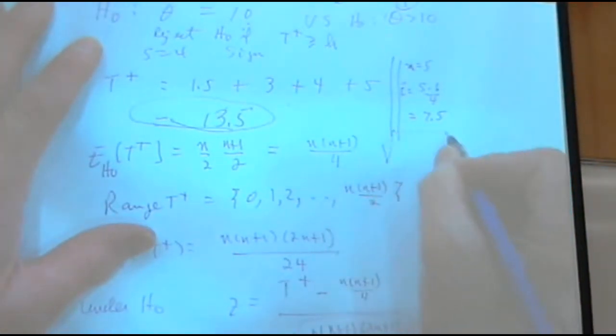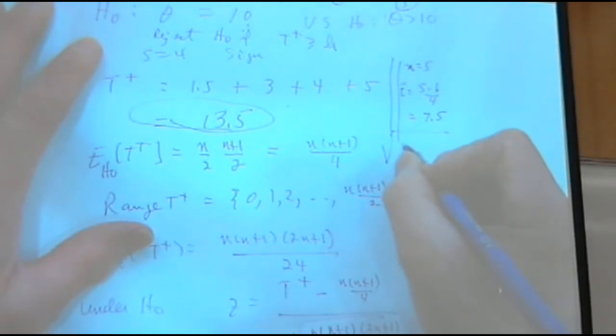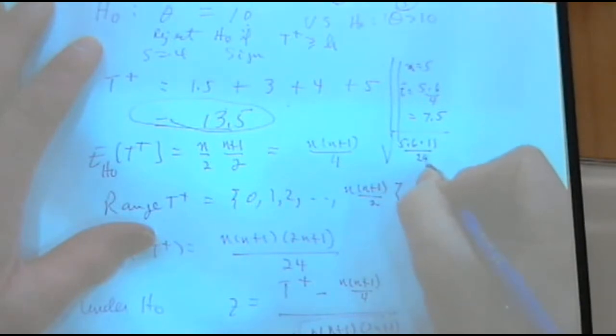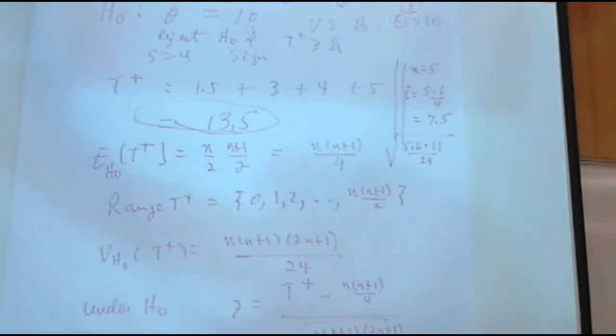It would be 5 times 6 times 11 over 24, and the standard deviation is about 3.71.